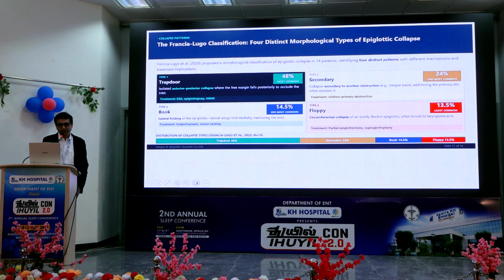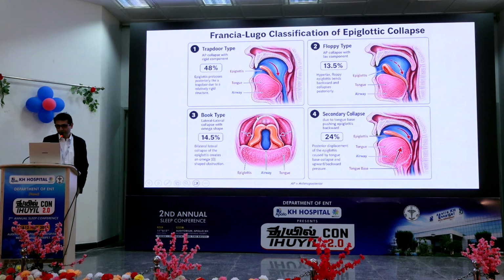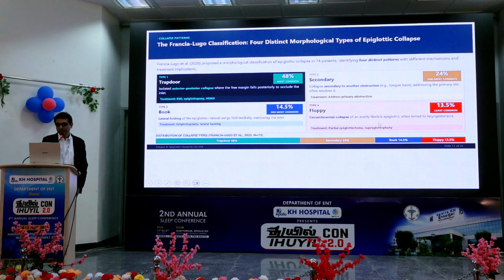Type 3 is the book-type collapse, around 14%. And type 4, the circumferential collapse, is very rare, only around 13.5%. The trapdoor phenomenon we also used to call a flappy epiglottis. Type 4 is exclusively flappy, with no cartilage support, so the circumferential collapse is very rare.